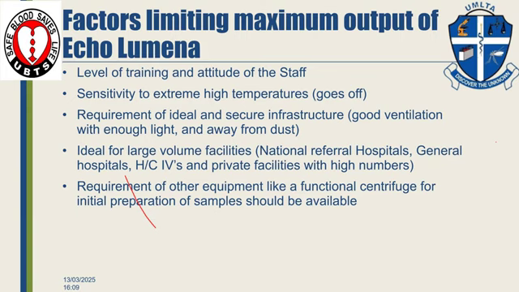Next, you need an ideal and secure infrastructure with good ventilation, enough light, away from dust. I was emphasizing that you cannot be accredited to do blood transfusion when you don't have a room where you are going to do those services.